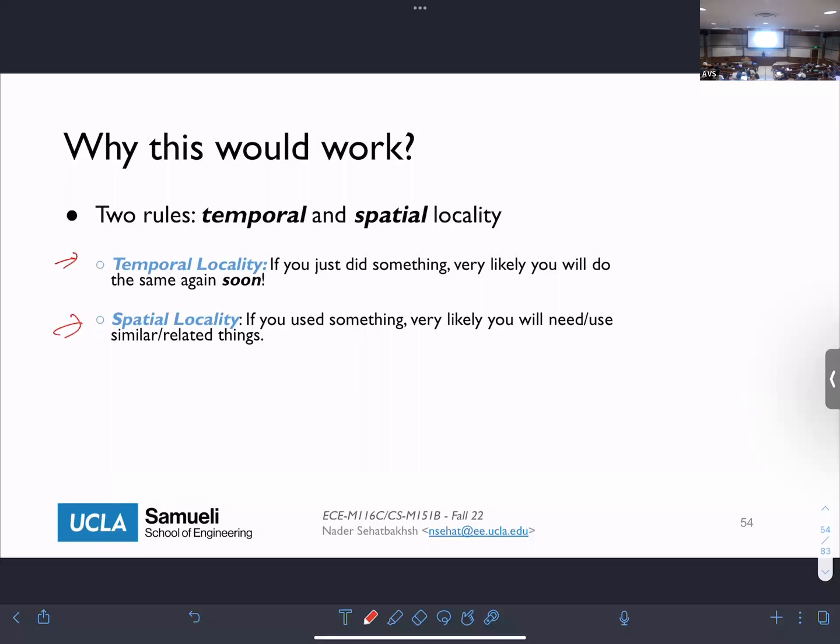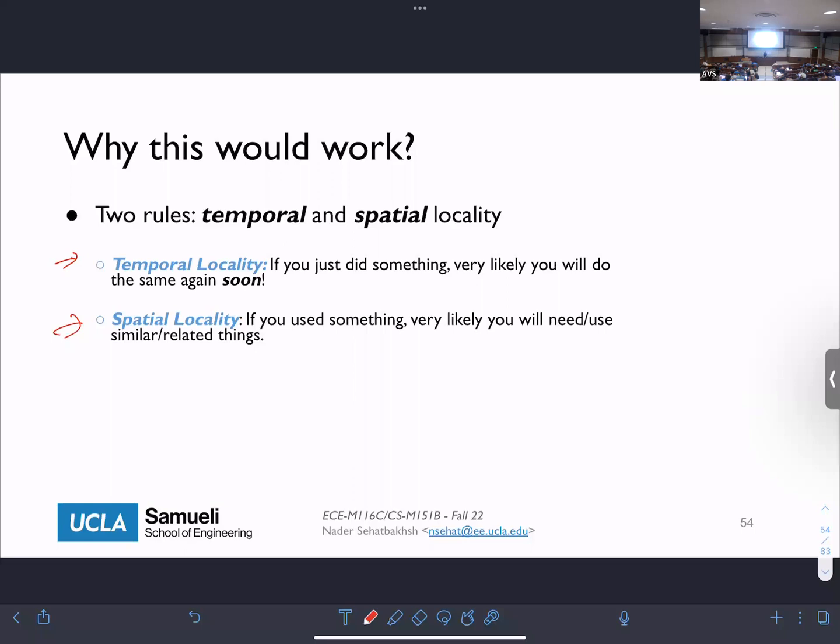And spatial locality says that if I do something, it's very likely that I'm going to reach out to the instructions before or after, very close to that. This will be very useful for data.